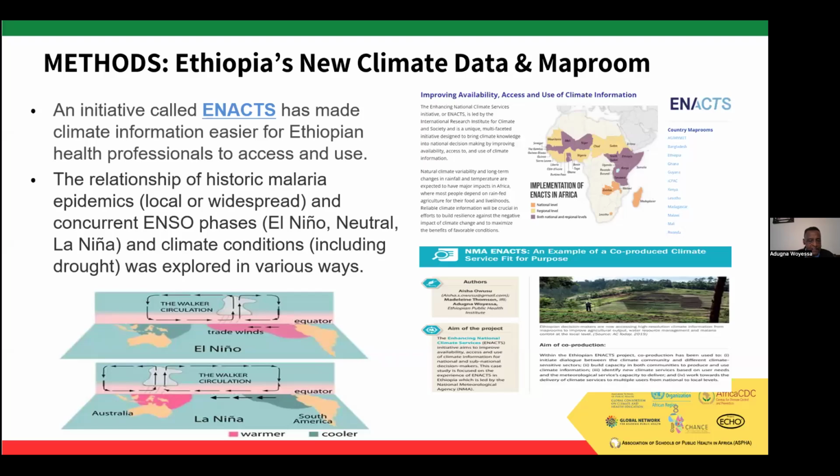As you can see, I don't want to go into the details of how El Nino is occurring and how La Nina is appearing. This is one of the climate systems that is affecting Eastern Africa, particularly the Horn of Africa, resulting in flooding and drought in different parts of the country during different seasons in Ethiopia.